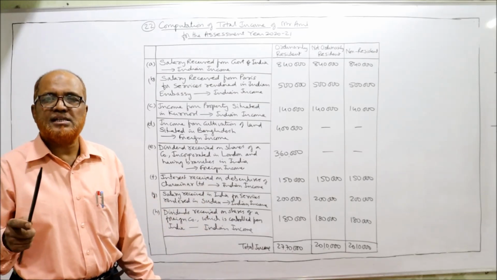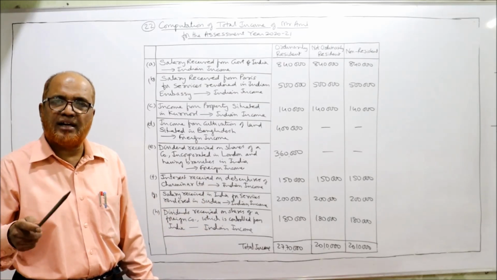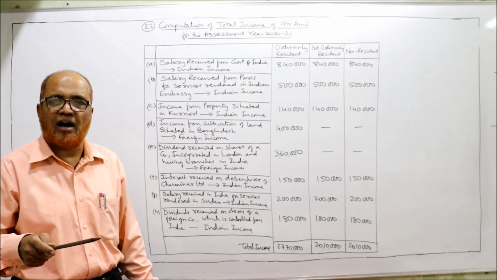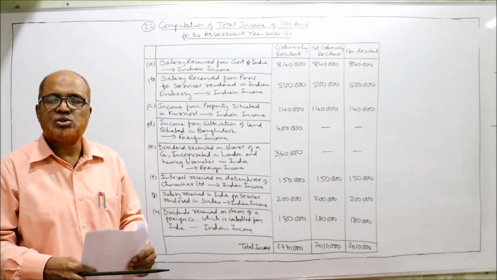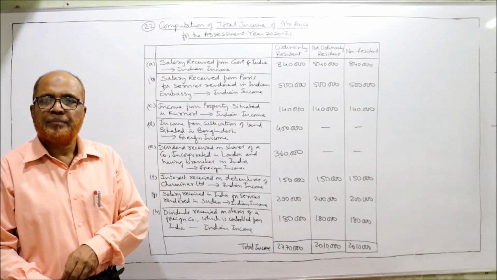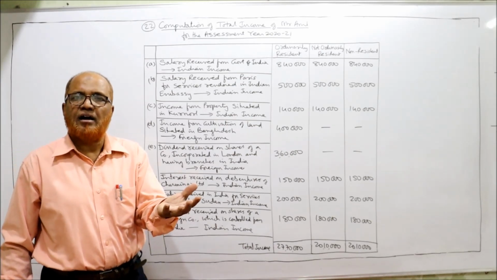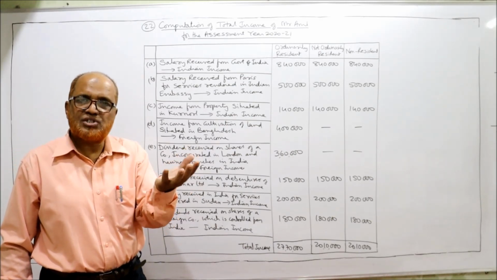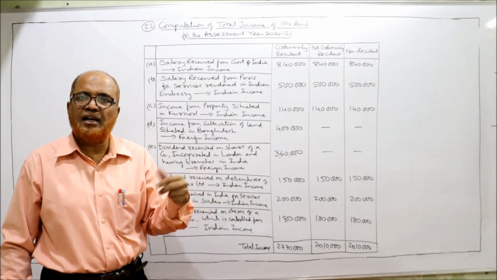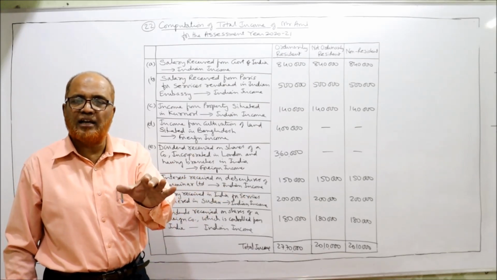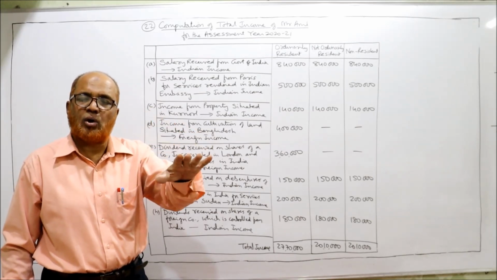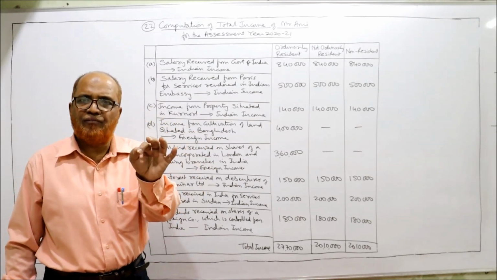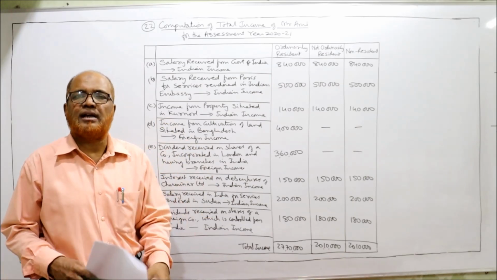This is the income which is generated in India, earned in India, accrued in India, and received in India. So it is an Indian income. Any income which is generated in India is an Indian income. So when it is an Indian income, it is all taxable in the hands of ordinary, not ordinary and non-resident. For everybody, Indian income is fully taxable.